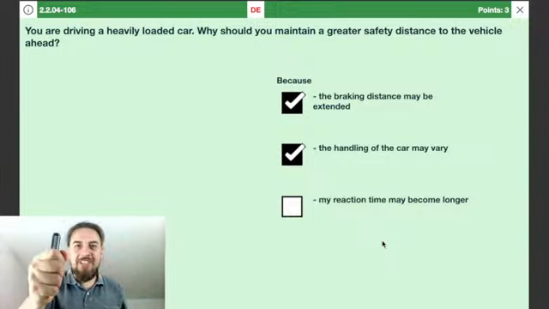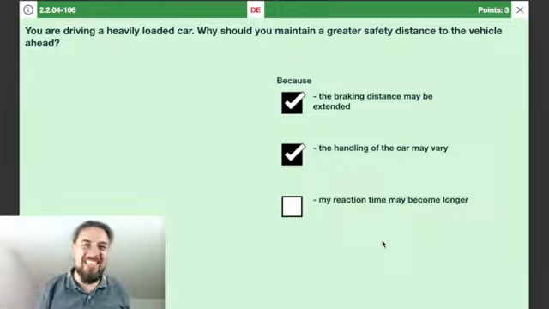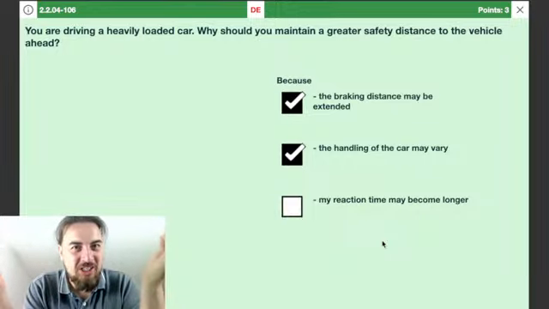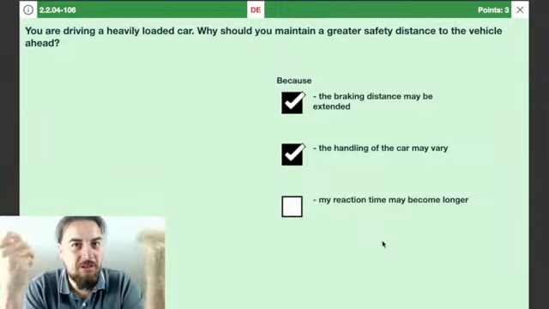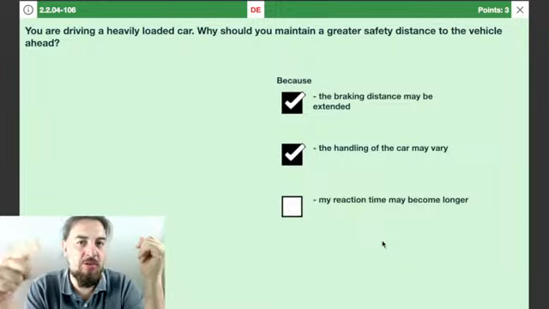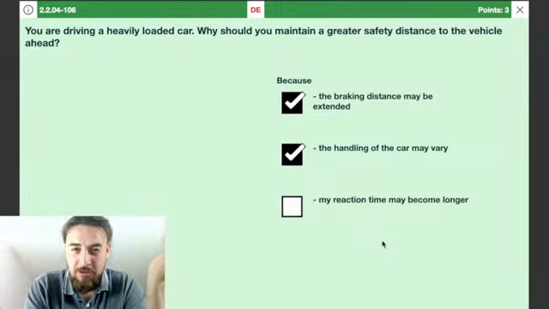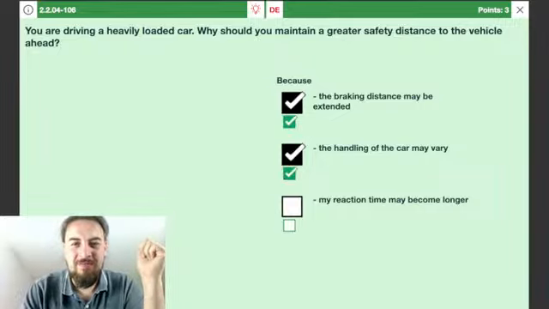I can still catch it even if I'm now fatter or not. I don't know if that was a good example, but the reaction time doesn't change if the car is heavily loaded or not. Your reaction stays the same. What is changing is your braking distance, but not your reaction.